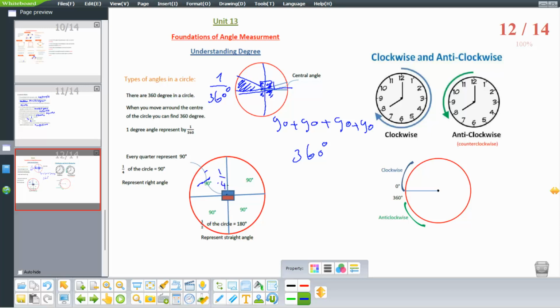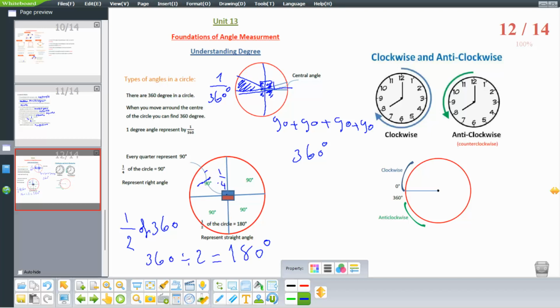and it represents a quarter of the circle. And the half of the circle represents how much? It's like half of 360, 360 divided by 2 will be 180, or 90 plus 90, which is 180 degrees. So the half is 180 and the quarter is 90.